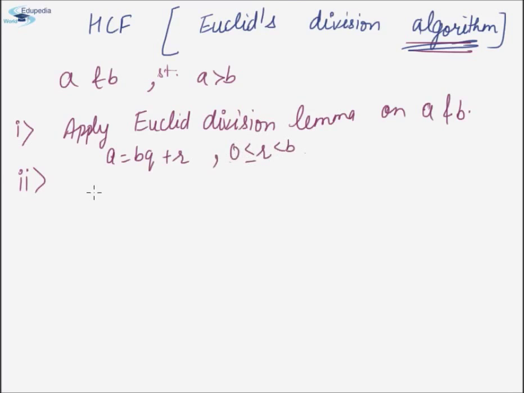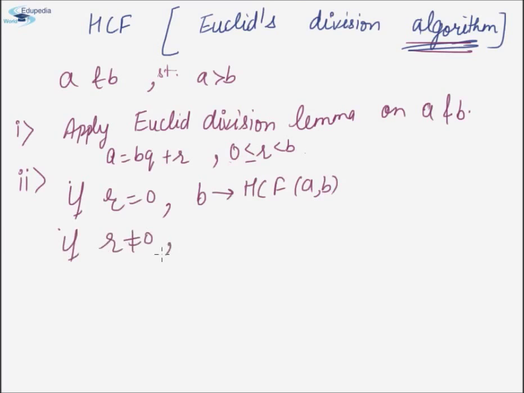So check for R. If R is equal to 0, B is the HCF of A and B. And if R is not equal to 0, apply Euclid's division lemma again.